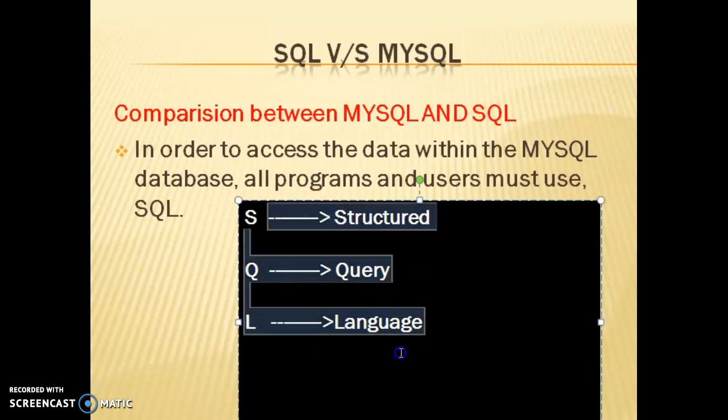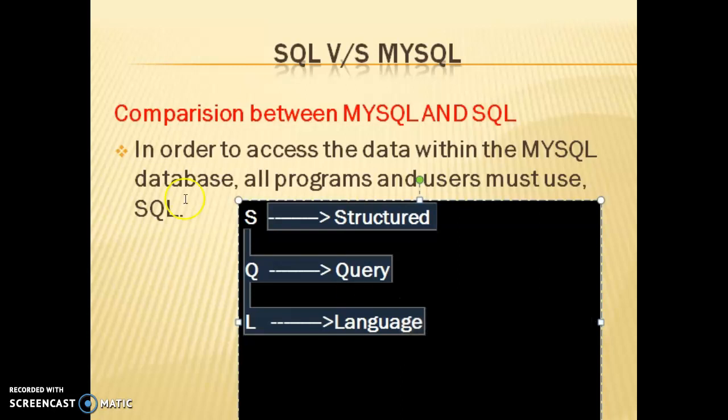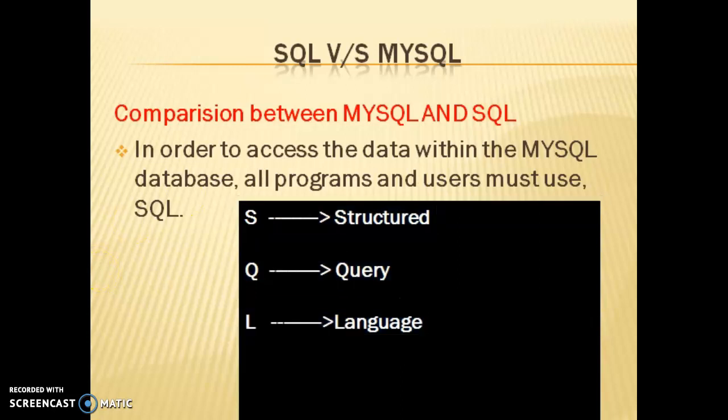In order to access the data within the database, we use this structured query language. The database is called MySQL, and under it users work with a particular language called structured query language to access the data in the database.